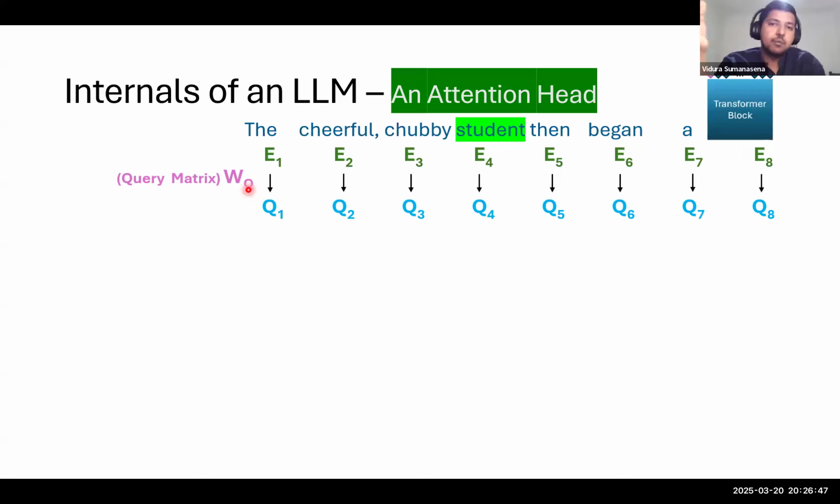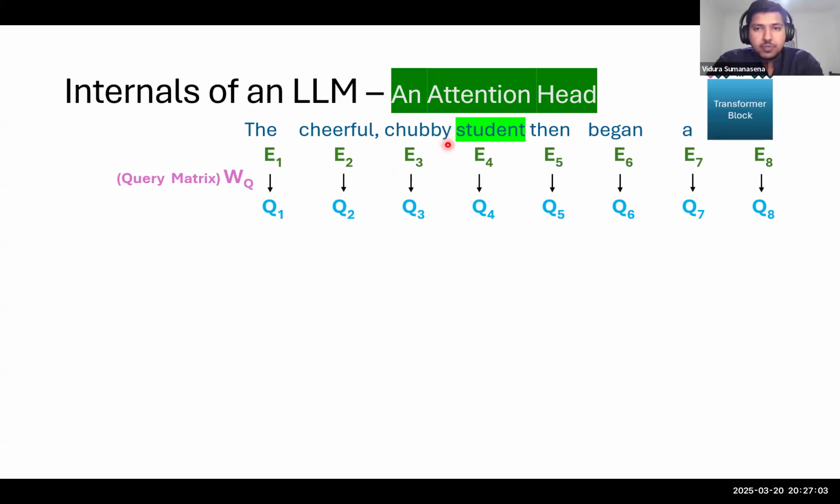The query matrix is a learnable matrix in large language models that is learned during training. The notion of this matrix is asking whether there are any adjectives before each of the words.